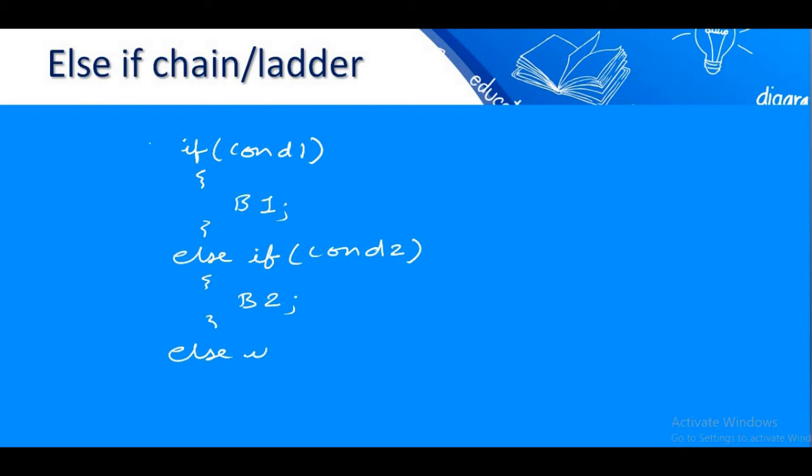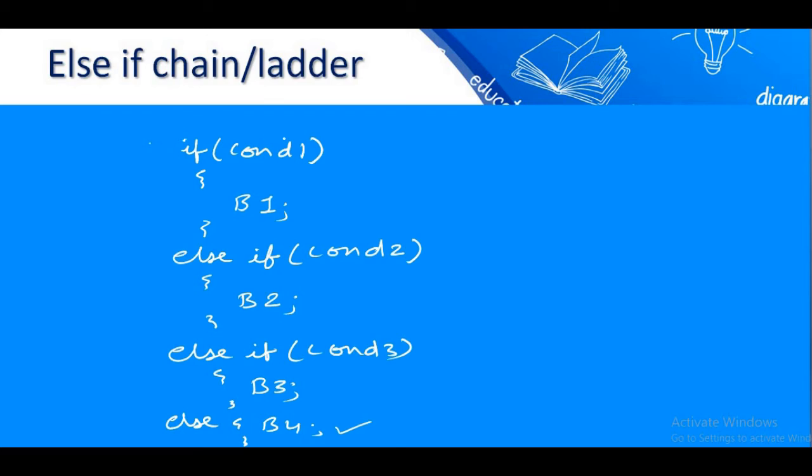Then again, if there is one more condition, then you can write like this B3, and at the end you can use this else block, and this is the last block. This is the default block. If all the conditions are false, then this default block is going to be executed. Okay, so this is the syntax of this else if chain or else if ladder.